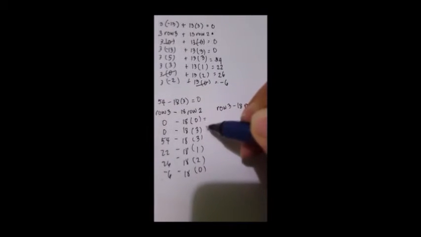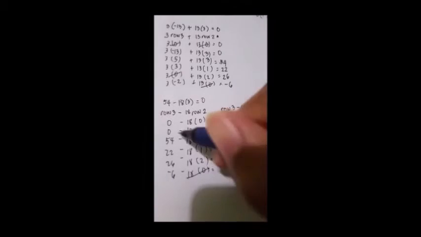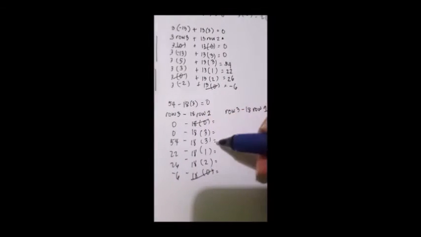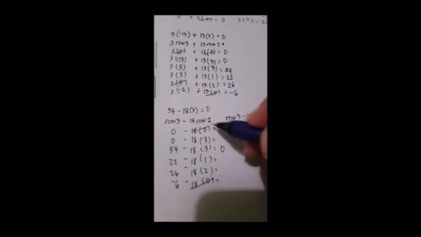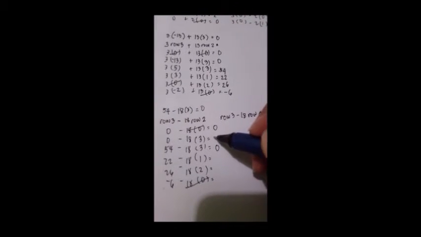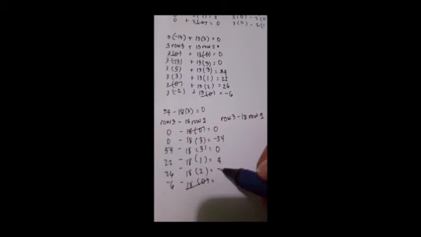So this is 0, that is 0, this will be 0. Okay, so now we have 0, negative 54, and then 4, negative 10, and negative 6.